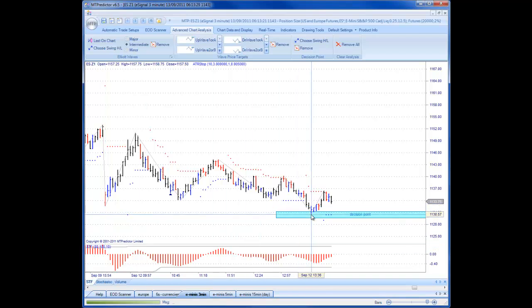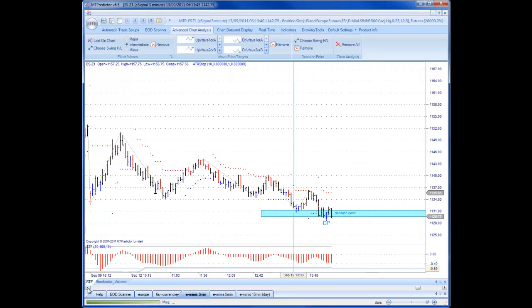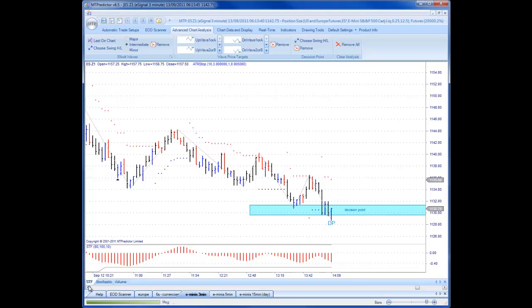So yes, we did have the market rally off this level here, but there was no automatic setup. So advanced traders could have possibly taken a long trade there, but that's not what I want to look at in this video. What I want to look at in this video is what standard traders or slightly more advanced traders would have thought when this automatic DP came in here.